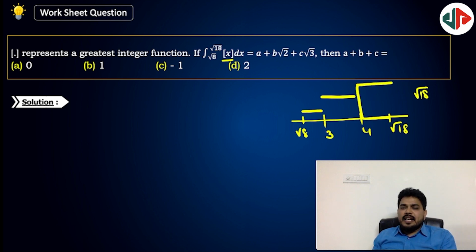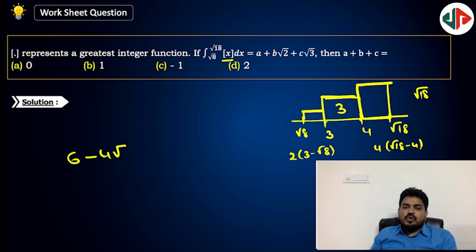So this area is equal to 4 into root 18 minus 4. This area is equal to 3 units. And this area is equal to 2 times of 3 minus root 8. Okay, so you need to write, what is this one? 6 minus 4 root 2 plus 3 plus 16 minus 12 root 2.